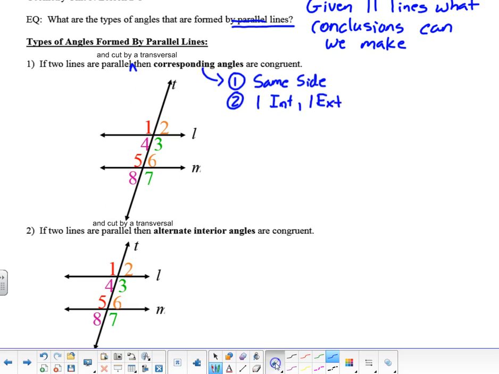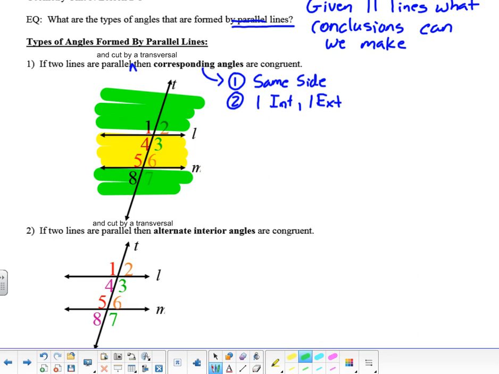These are going to be our interior angles here, and these are going to be our exterior angles. The other part is understanding that one of the angles has to come from the top grouping and one from the bottom grouping.